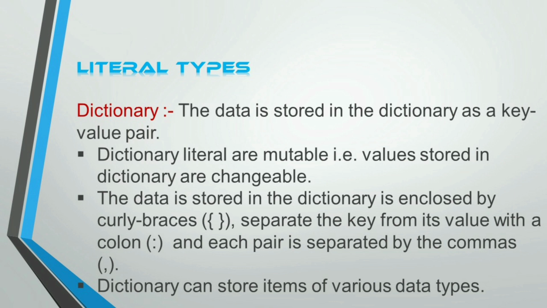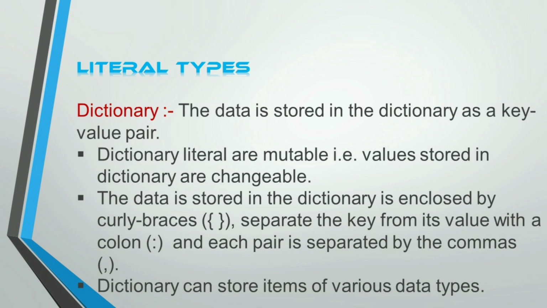In dictionary literal, the data is stored in the dictionary as a key value pair. Dictionary literals are mutable, that is, values stored in the dictionary are changeable. The data stored in the dictionary is enclosed by curly braces. Separate the key from its value with a colon, and each pair is separated by commas.